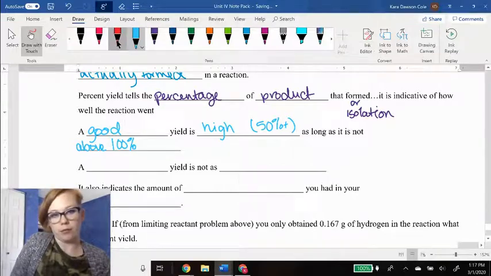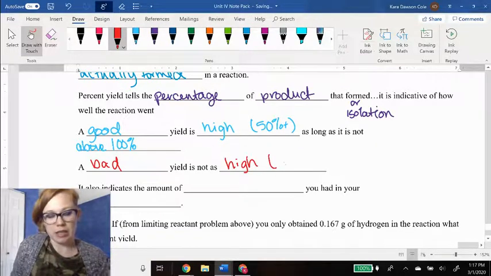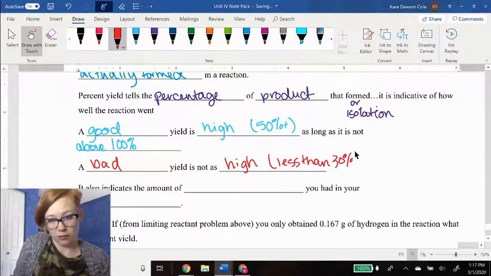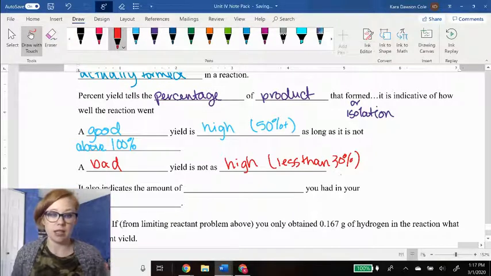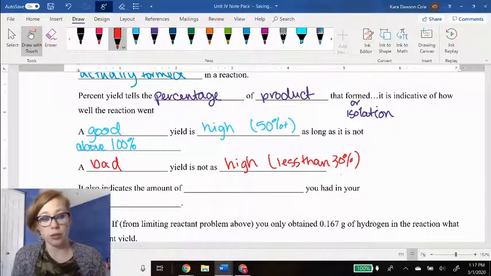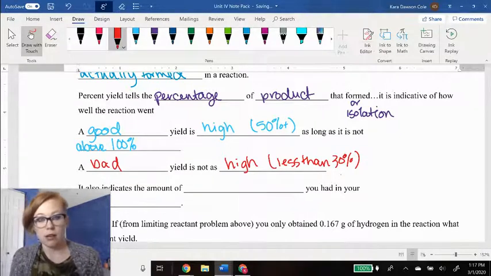A bad yield is not as high. So we're thinking like less than 20 to 30%. A lot of times what a chemical engineer will do is look at the yields. If the yield isn't high enough, then they don't think it's a viable reaction.